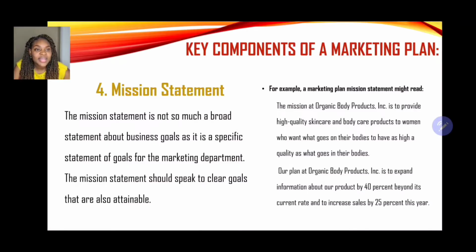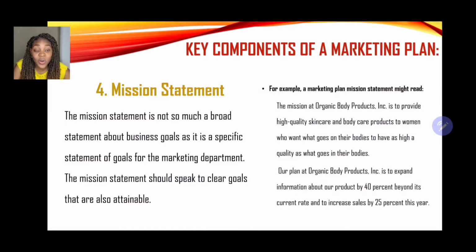Good? Now, an example of a marketing plan mission statement might read: the mission at Organic Body Products Inc. is to provide high quality skincare and body care products to women who want what goes on their bodies to have as high a quality as what goes inside their bodies.